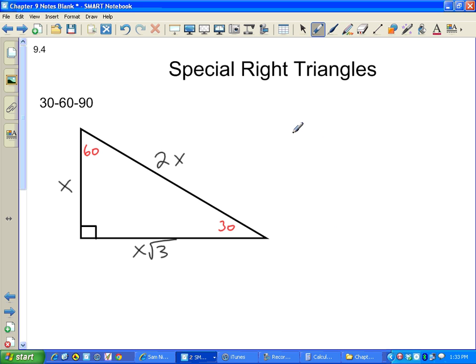Okay, so that means if I've got a 30, 60, 90 right triangle, and the short side is 5, that means the hypotenuse is 10, and the long side is 5 square root 3.